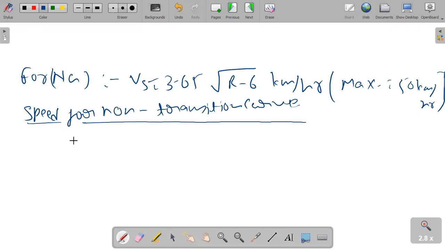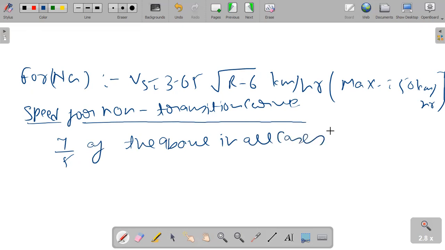For high speed, Vs is equal to 4.58 under root R, and for narrow gauge the maximum goes to 40 kilometer per hour, that is 4 by 5 of 50, which is 40 kilometer per hour. So speed for a non-transition curve is 4 by 5 of the above in all cases.